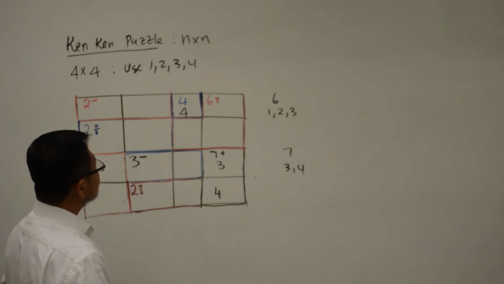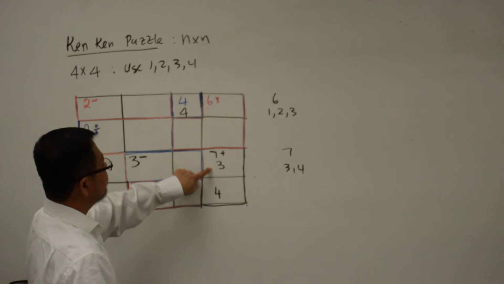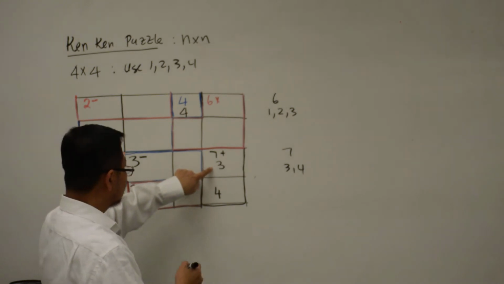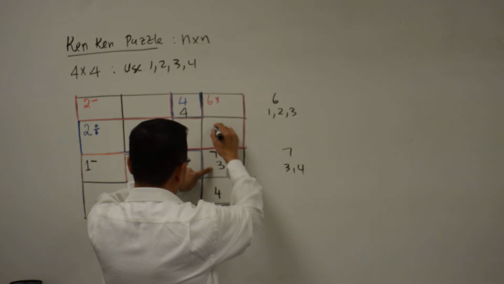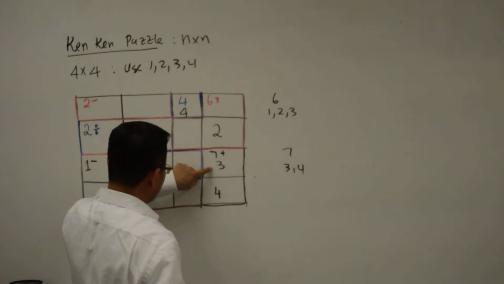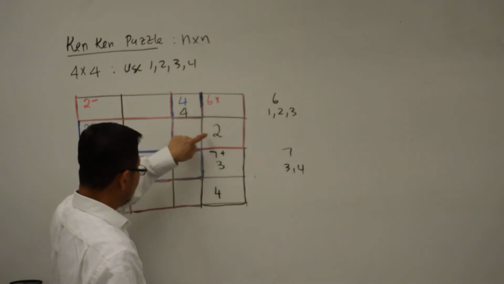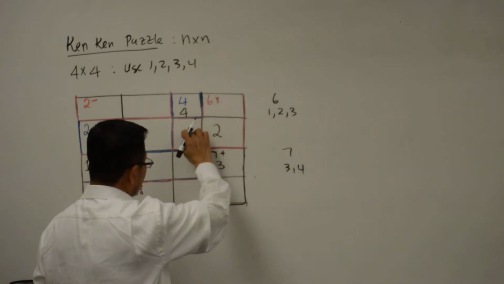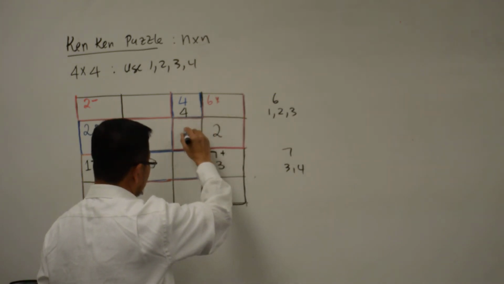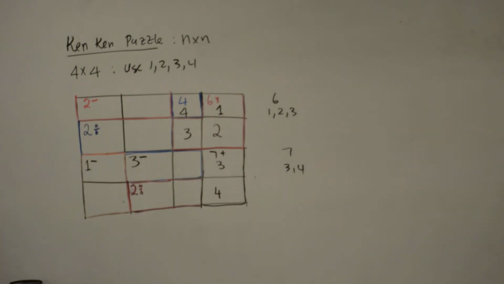So I cannot use 3 here because you already have 3 here. Let's say 3 is picked here already, so I can use only 2 here. If I pick 2 here, I cannot pick 3 here either, because of repeating. So I can pick 3 here, and it's 1 here. So that's not repeating.